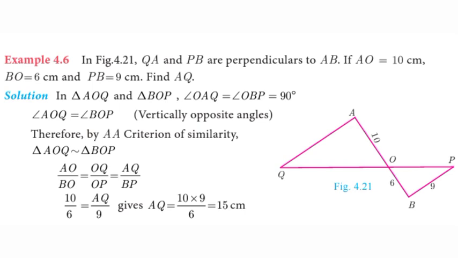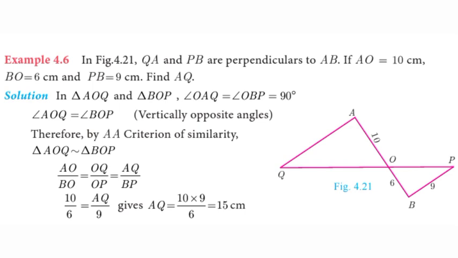Draw triangles AOQ and BOP separately, and write the corresponding sides. Next, substitute AO value is 10, BO value is 6, that equals AQ divided by BP.